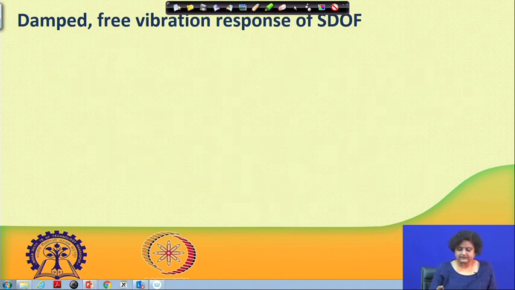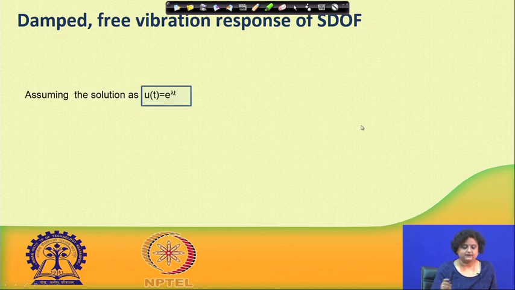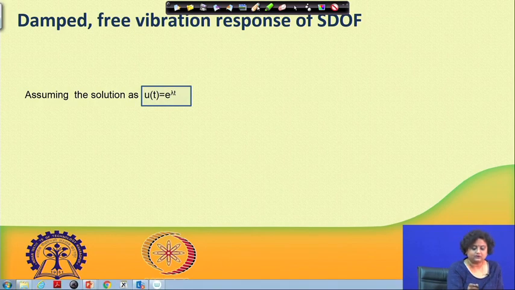Let us see how to find the response of the system under damped condition. Similar to the previous case, here also we will assume the solution as u(t) equals e to the power lambda t, and try to solve the equation.